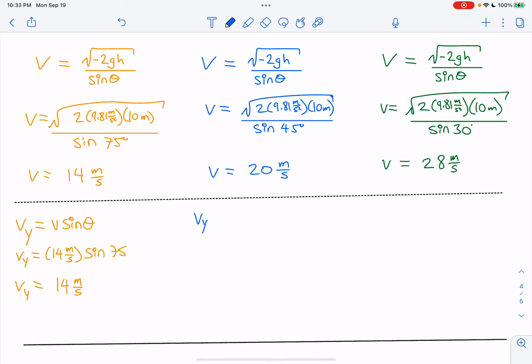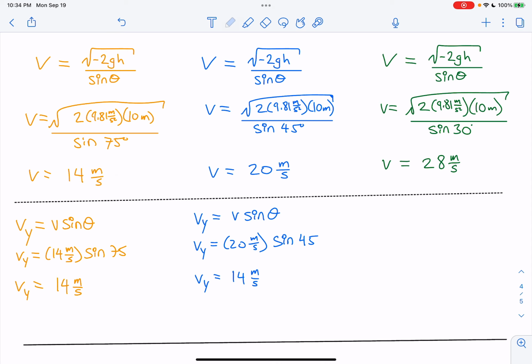Let's look at the Vy in the second case. So that's your V sine theta again. Your Vy is equal to 20 meters per second times sine 45 degrees, and so our Vy is then equal to 14 meters per second.